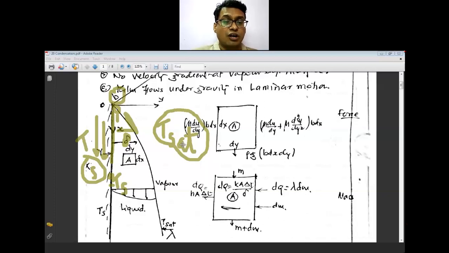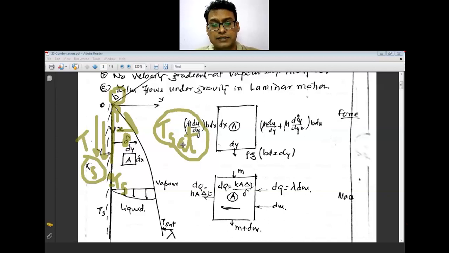These vapors only give the latent heat, that is, the condensate will be at the same temperature. If water vapor at 100 degrees Celsius is there, you will get the condensate also at 100 degrees Celsius. That is why the vapors only give the latent heat. No change in the temperature of the condensing liquid is observed.